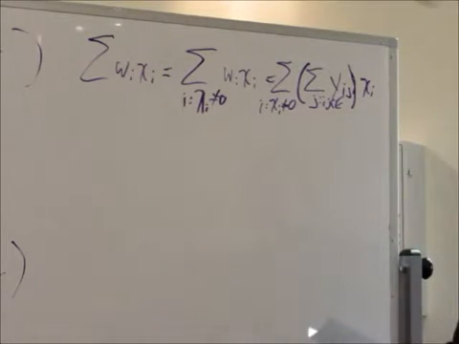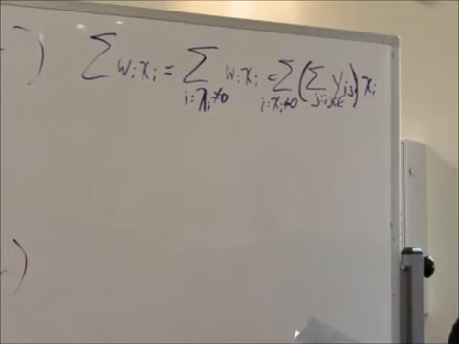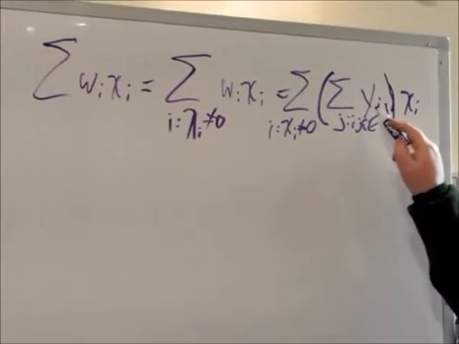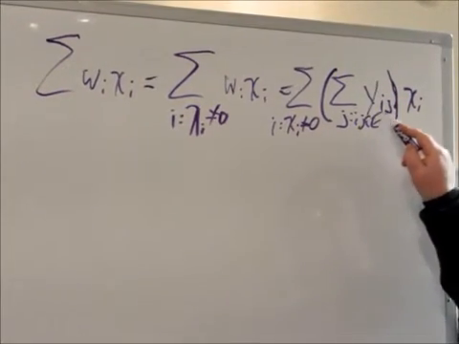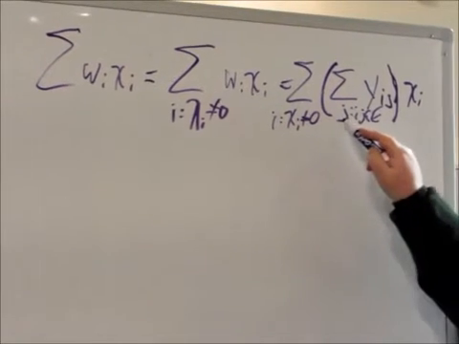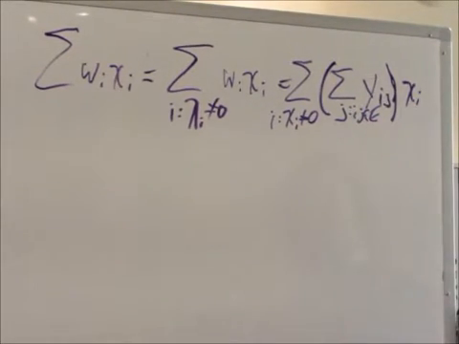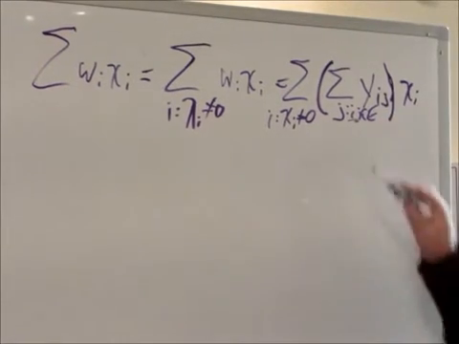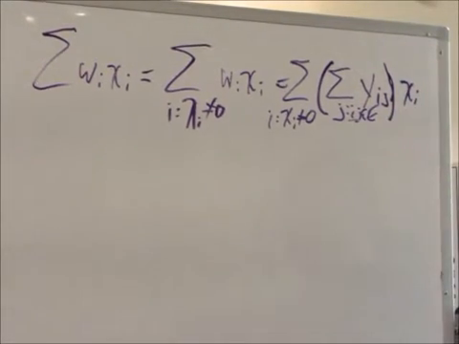All right, what's this crazy looking thing that I just did? Well, this expression is the sum of y's such that i is one of the endpoints, and we're summing over all of them.